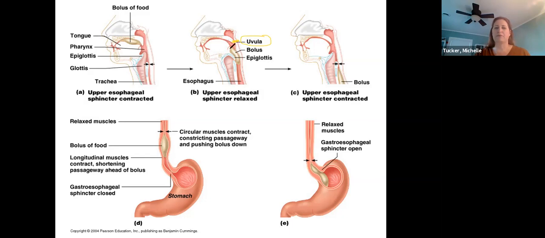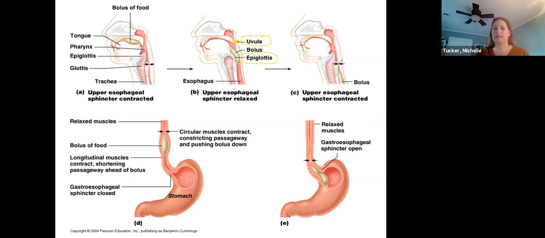So as the food bolus goes into the laryngopharynx, the epiglottis is going to close off the trachea, and that upper esophageal sphincter will relax, opening the esophagus and allowing food to move through.